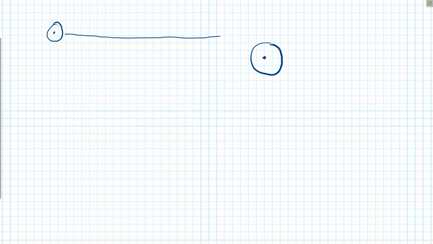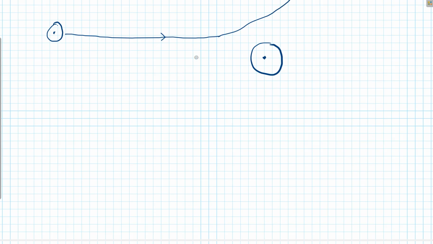To make it clearer, let's consider another sketch. Let's say this is a molecule, and the center is somewhere here, and then there is another molecule with center here, and let's consider that this first molecule is moving with some speed v, and then it gets scattered.